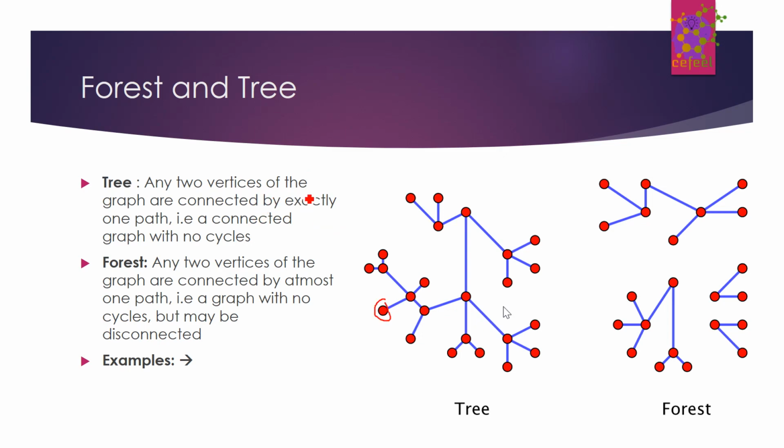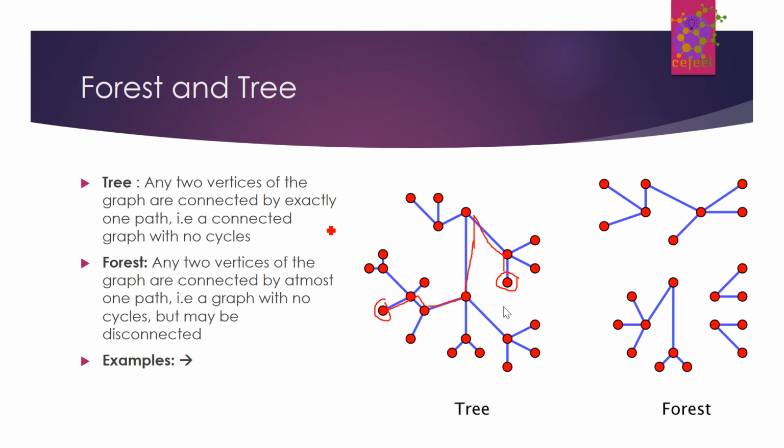If I pick this vertex and this vertex, there is only a single path possible. There is no other path, because if there was another path, then we could join these two paths and form a cycle, and hence the graph would be cyclic. So a tree is an acyclic graph.